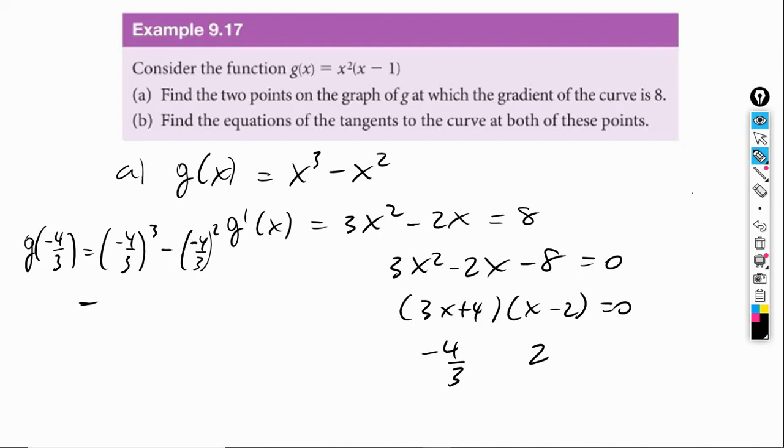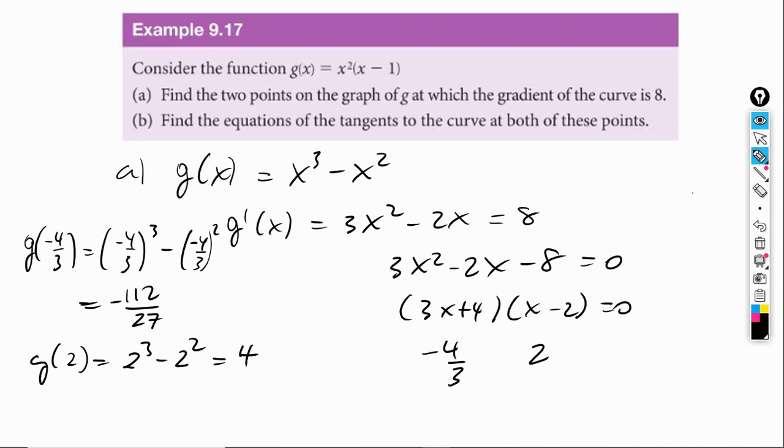And if we do the math there, we are going to get minus 112 over 27. And then we need to do g of 2. So g of 2 will be equal to 2 cubed minus 2 squared, and that's 8 minus 4, which is 4.